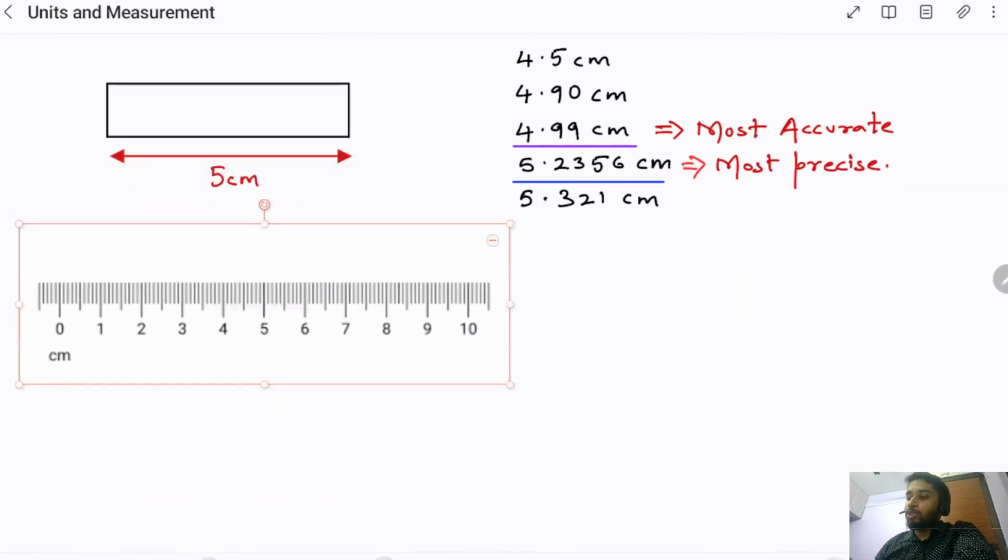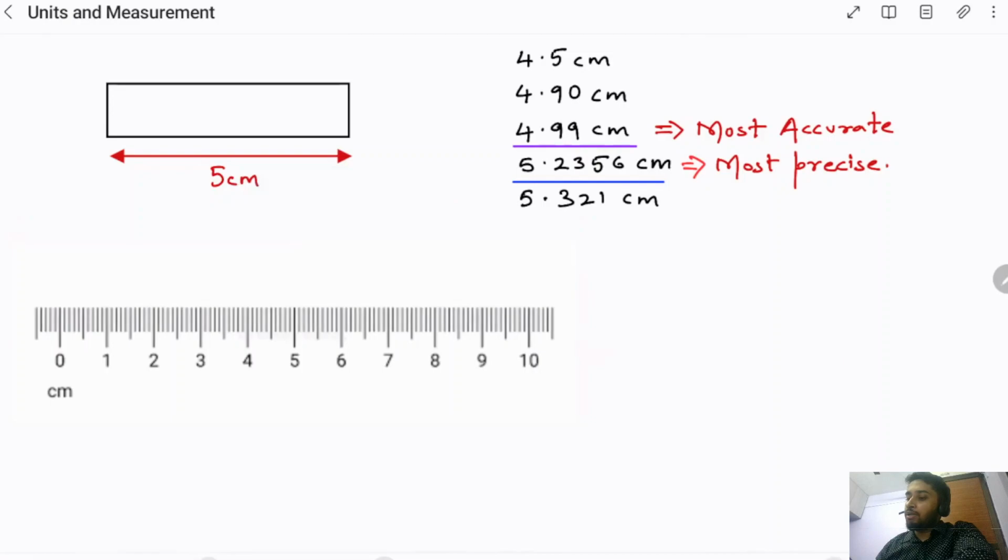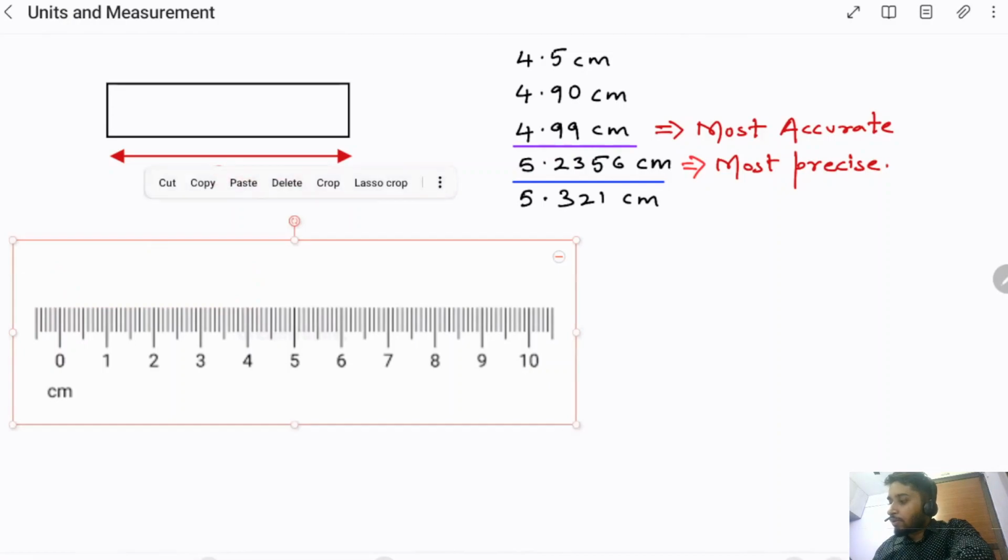Now suppose I try to measure length of any object, something like this, and if I start from 0, let me check where exactly it is coming.